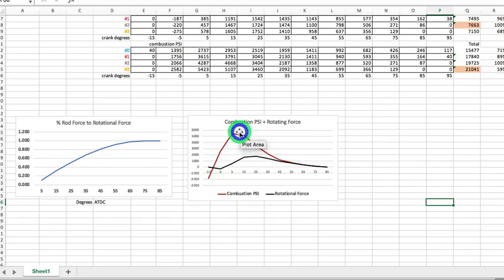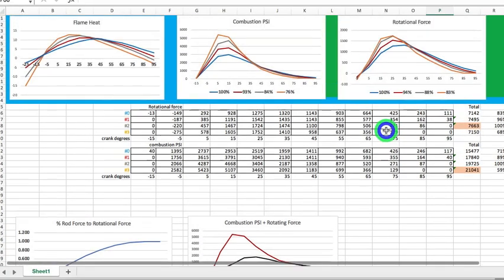And that explains why, even though the cylinder pressure is very high in the early degrees, it starts out very low and ramps up, so it doesn't maximize until a little bit after 15 degrees. Then as it goes down, that relationship becomes better, which is why this doesn't drop off at the same rate at which this is dropping off. So that's the force on the crank, the rotational force.